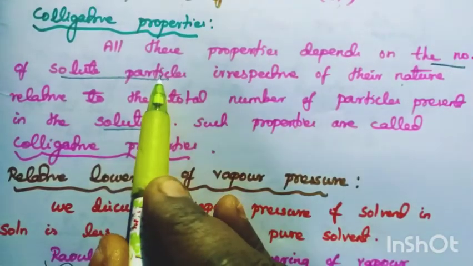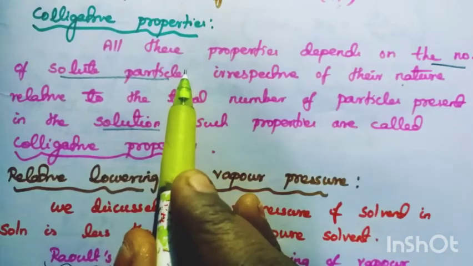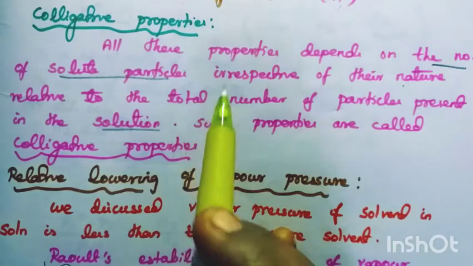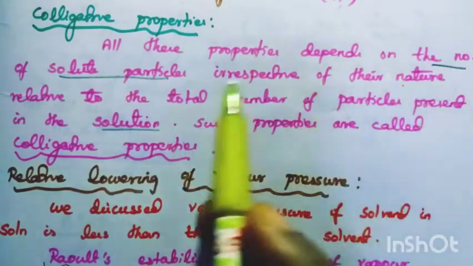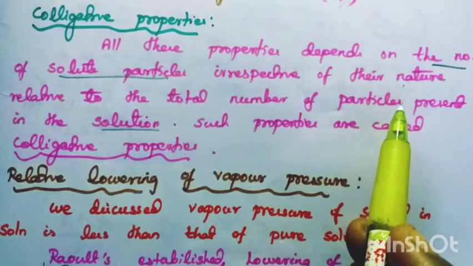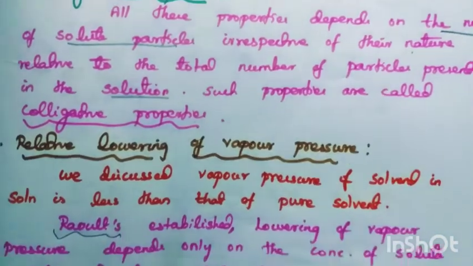That is called a colligative property. So a colligative property depends on the number of solute particles, irrespective of the nature of the solute.